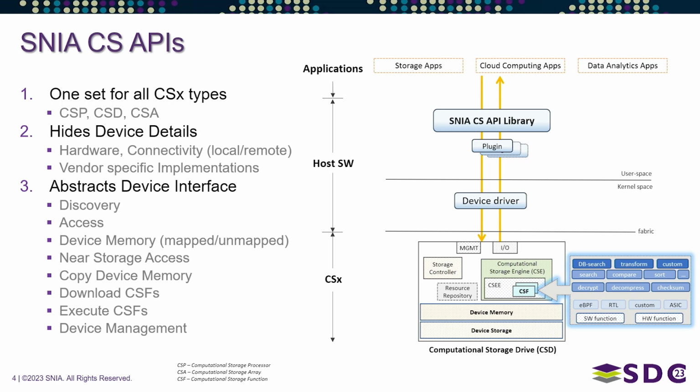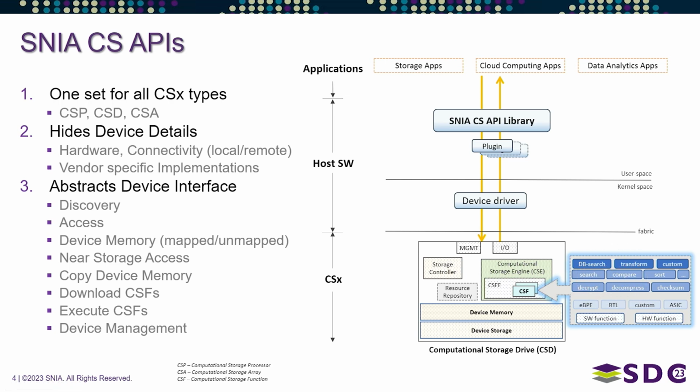You also have the CSFs, or computational storage functions, that run on your device and that could be either downloaded or configured so that you could run them. The box on the utmost right is a set of CSFs.